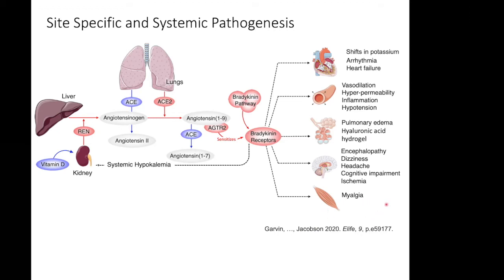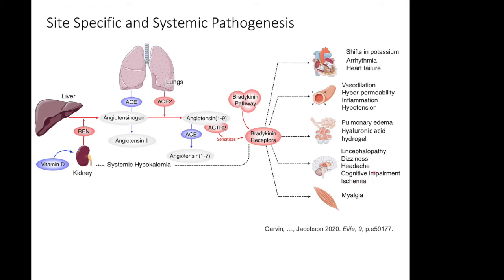Looking at those that you would predict, and where it's been shown in autopsies to be able to colonize, and the symptoms associated with that: well, if there's an excess of bradykinin in muscle and joint tissue, we know from other conditions and animal studies that will lead to considerable myalgia, so really the sore, achy muscles and joints. An excess of bradykinin in the brain will lead to dizziness and headaches, cognitive impairments. We hear a lot about brain fog from COVID-19 patients, and indeed fluid-based ischemia.